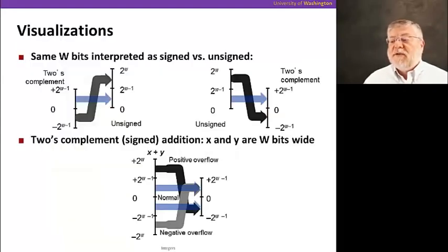All right, just a quick visualization of what is going on here. If we start off with a 2's complement number that can go from minus 2 to the w minus 1 to plus 2 to the w minus 1, when we represent it as an unsigned value, of course those positive values stay the same, but the negative numbers now look like big positive values. Okay?